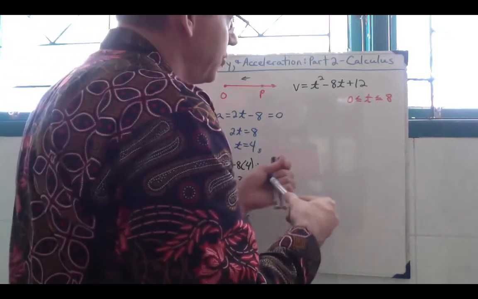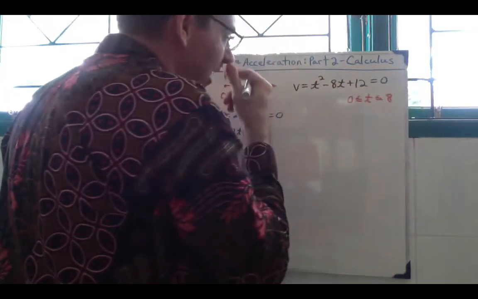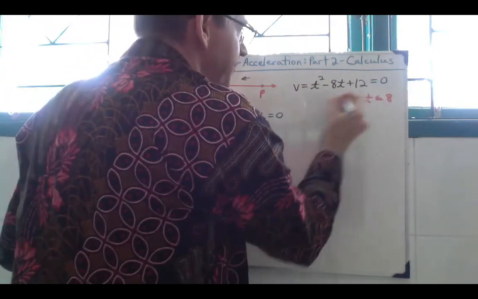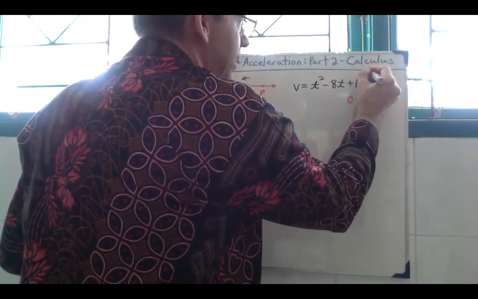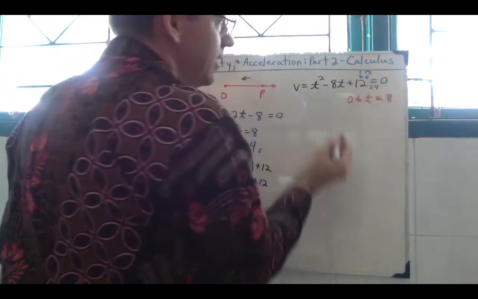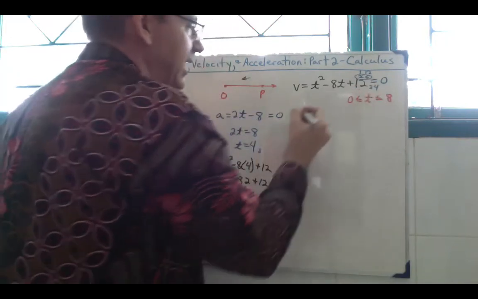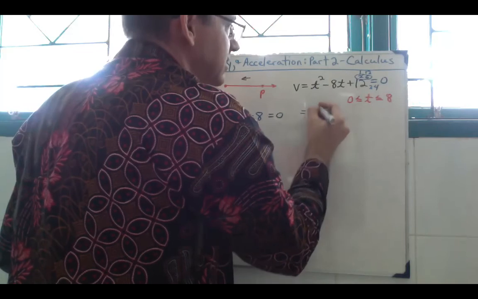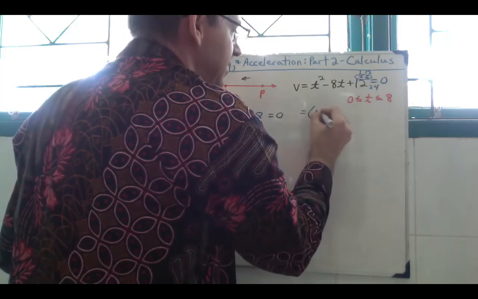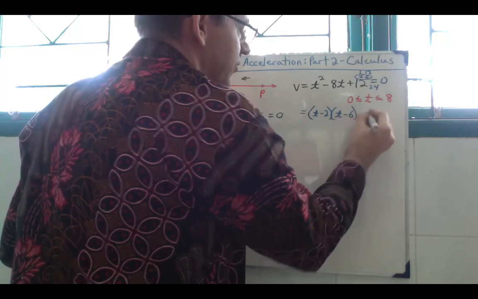So what we want to do is come up here, set our velocity equal to 0, and we can factor this. Factors of 12 are 1 and 12, 2 and 6, and 3 and 4. But the 2 and 6 is what adds up to give us 8. So our velocity is t minus 2 times t minus 6, equals 0.